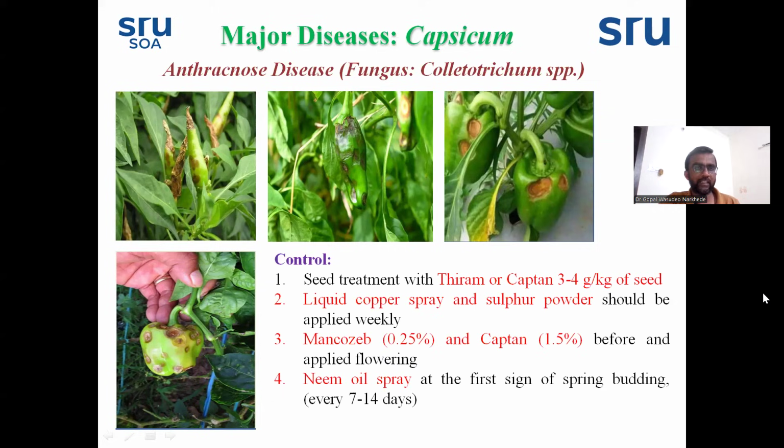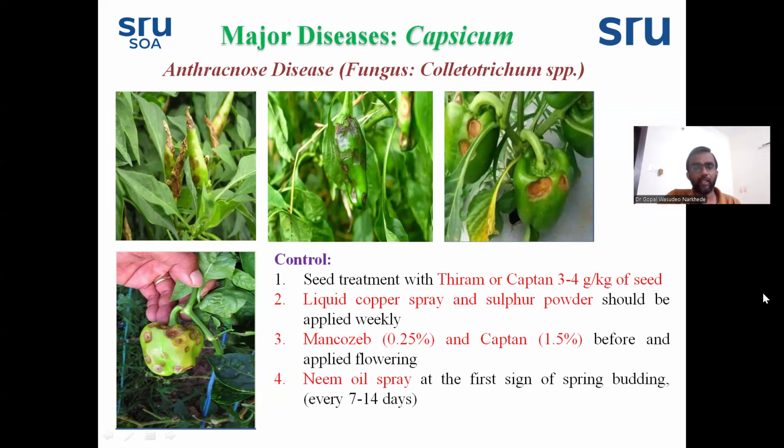So first major disease is anthracnose, which is caused by a fungus Colletotrichum species. So here you can see in anthracnose, fruit damage is there. So here you can see the symptoms, right? As far as control measures, seed treatment with Thiram or Captan, 3 to 4 gram per kg of seed.